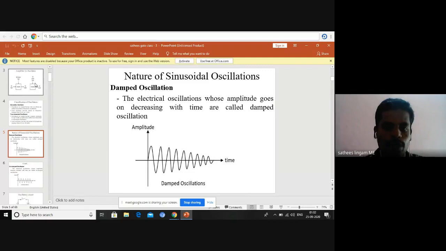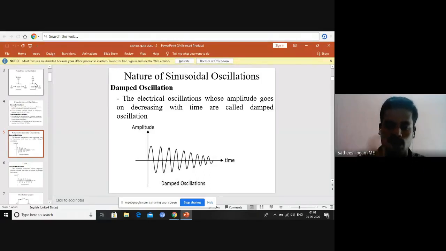Due to that parameter change, an electrical oscillation whose amplitude goes on decreasing with time is called a damping oscillation. It is not perfect oscillation, because of the parameters of the internal devices or elements used for creating our oscillator circuitry.